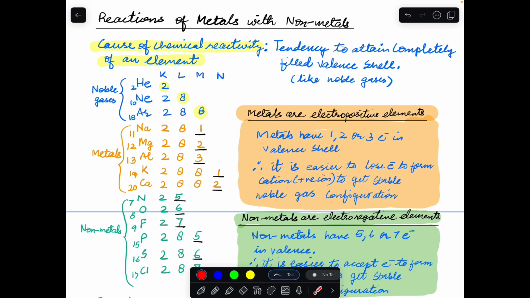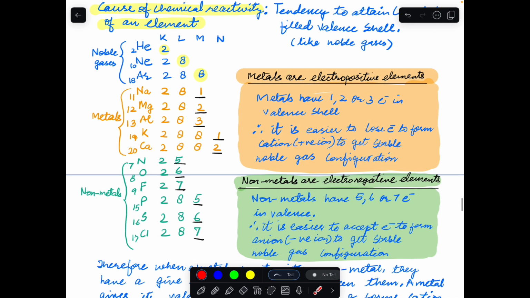Now have a look here in case of metals. I have given here a list of metals. These metals have 1, 2 or 3 electrons in their valence shell. And if these metals want to get a completely filled valence shell, the only possibility for them is to lose these electrons.